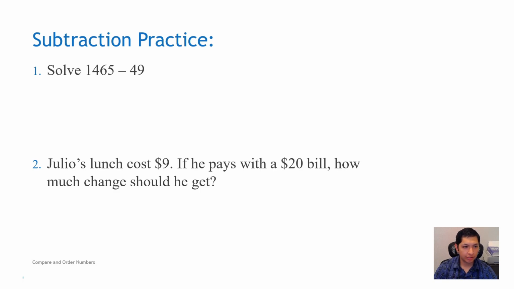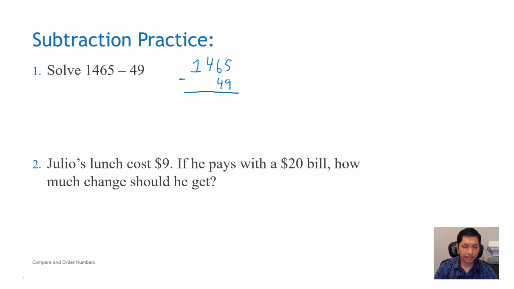Subtraction practice problems. So here it says solve 1,465 minus 49. So I am once again going to stack the numbers. And of course, subtraction has a caveat of the greater number has to go on top. So 1,465 is on top, and I subtract 49 from it.